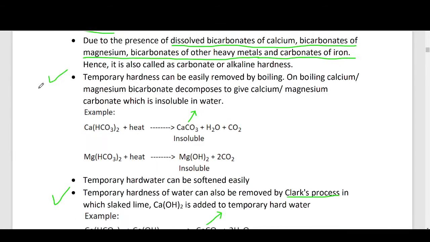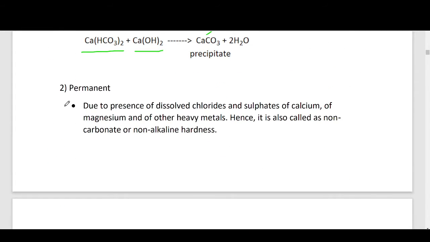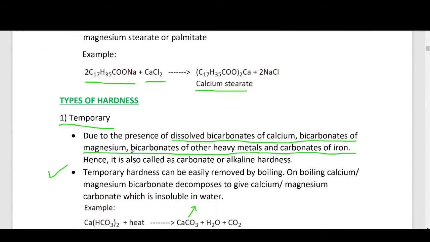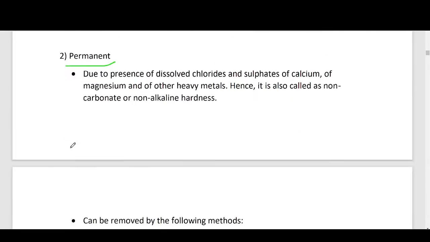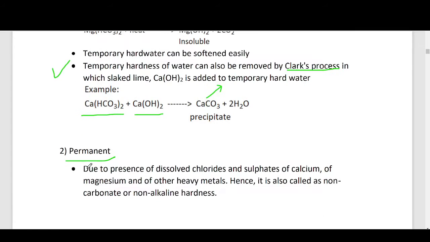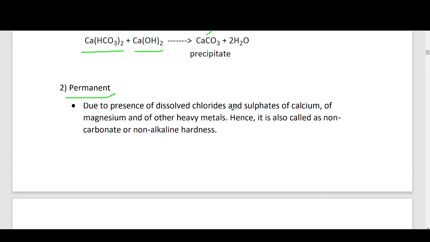But the fact is, we also have methods to remove permanent hardness, and methods which remove permanent hardness can also be used to remove temporary hardness. So we usually use methods which remove permanent hardness. Let's dive deep into this. Permanent hardness is due to the presence of dissolved chlorides and sulfates of calcium, of magnesium, and of other heavy metals.